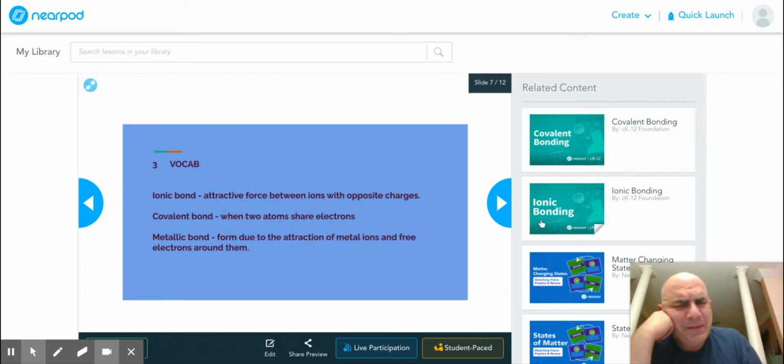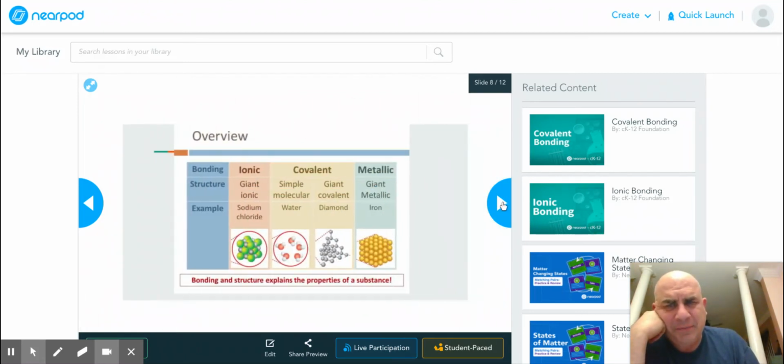Now, these bonds form different types of substances. A metallic bond is very flat. That's why metals are smooth. Ionic bond, sodium chloride, or what you might know as salt, comes together in this type of shape.